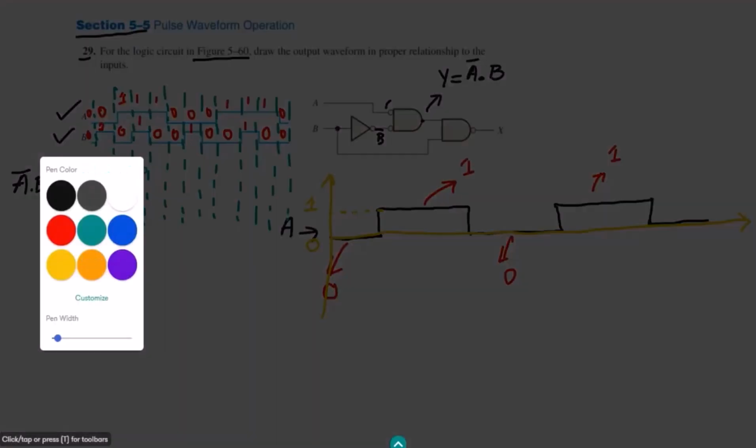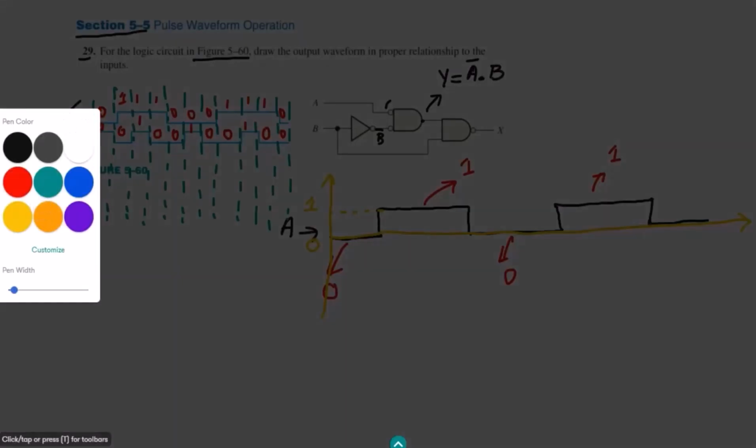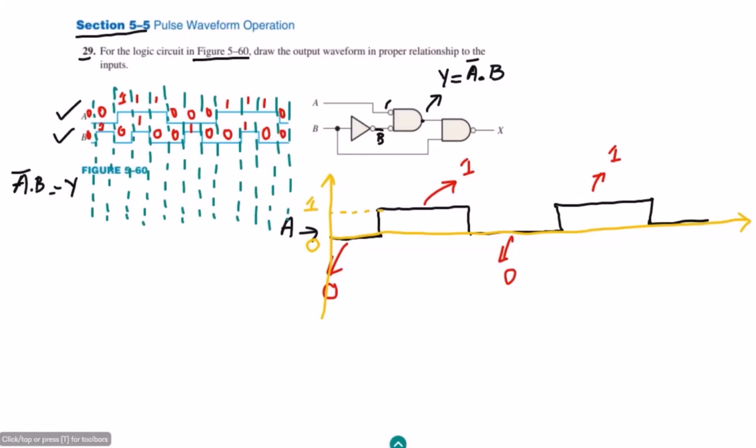So let me draw the diagram for it. When the two are 0, the output will also be 0, which can be mentioned here. Let me draw it by using this one. Here it will be 0 when A is 0 while B is 1.